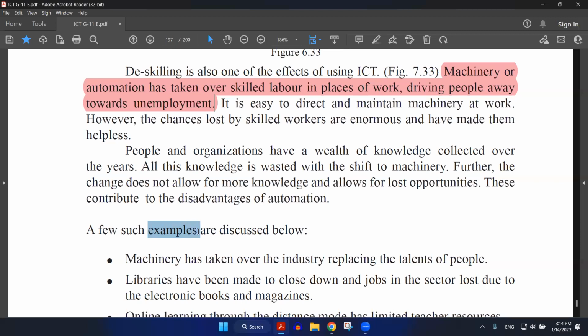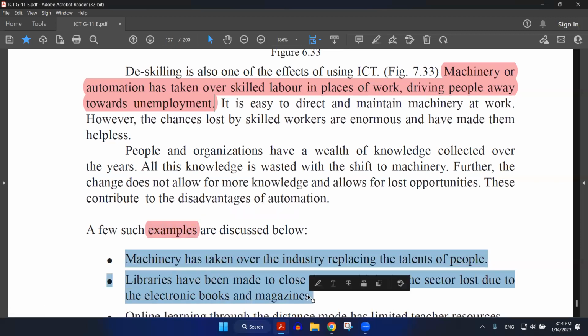And under the examples for de-skilling, you can list these things down.